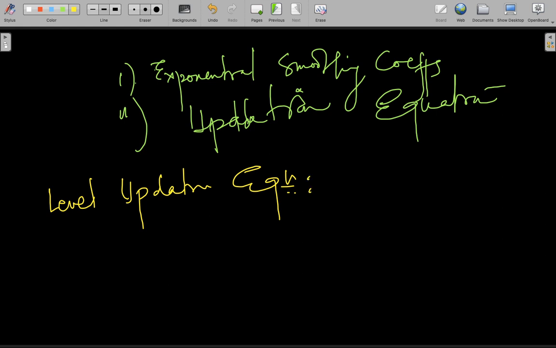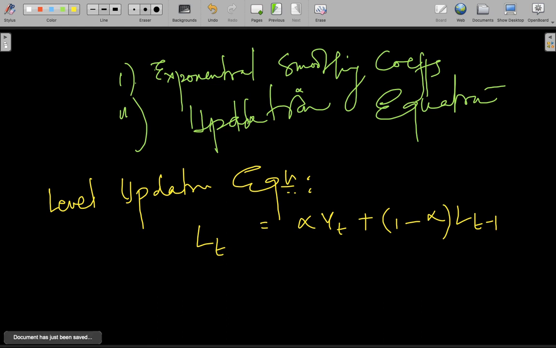Previously we used Lt = alpha Yt + (1 - alpha) Lt-1. That was our level updation equation for Holt's method. But here we make a small adjustment, the seasonality adjustment: we divide Yt by the seasonality index.